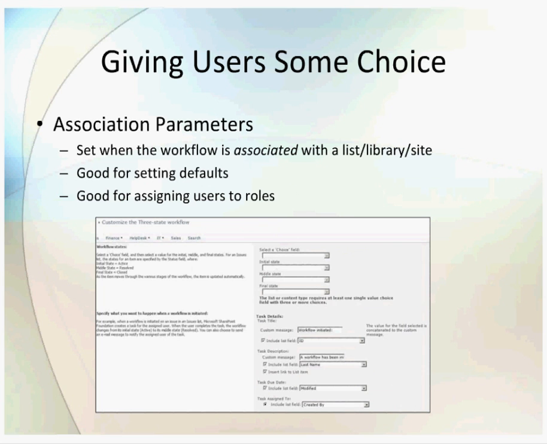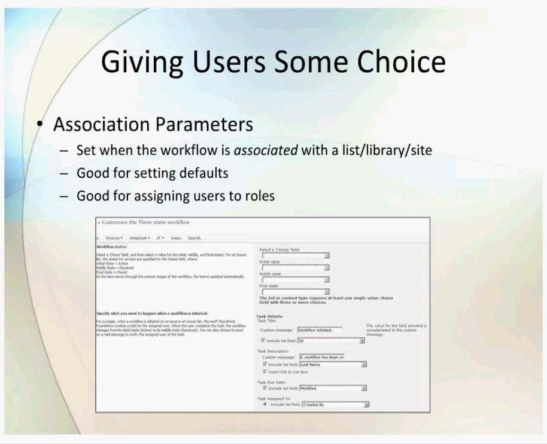Otherwise, you're hard-coding everything: the identity of the people who should approve a document, the amount of time you're supposed to wait to allow them to make some decisions or provide some comments, all of those things. You might want to leave those open, and let the owner of the document library or the owner of the site make some decisions at the time they decide to use your workflow in their site or in their list. In other words, when they associate it, give them some choices.